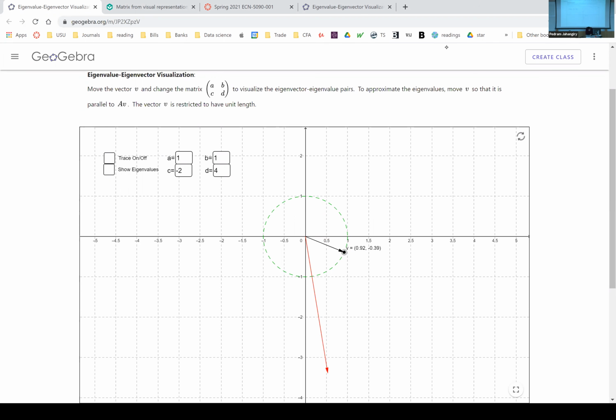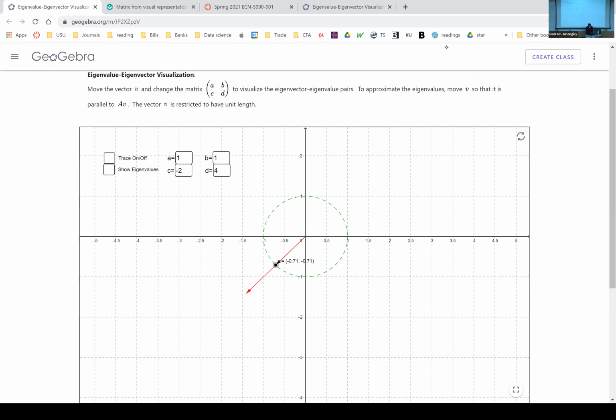Look at that. One of them happens here. You see that the direction is the same? The other one happens here. The direction is the same, right? How many eigenvectors do we have? 2. Does that make sense?